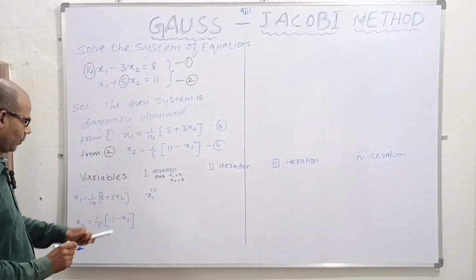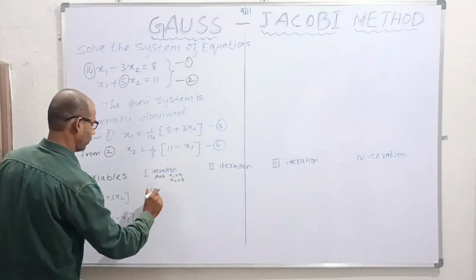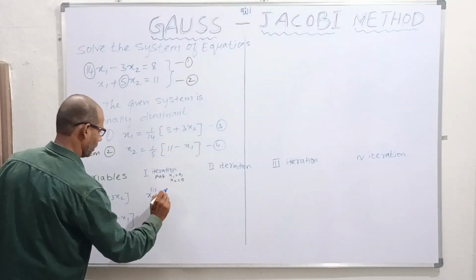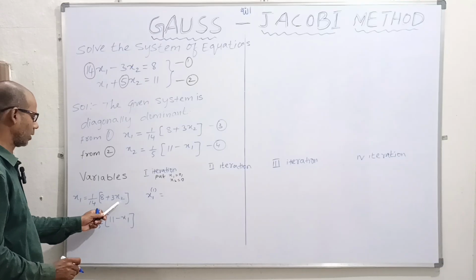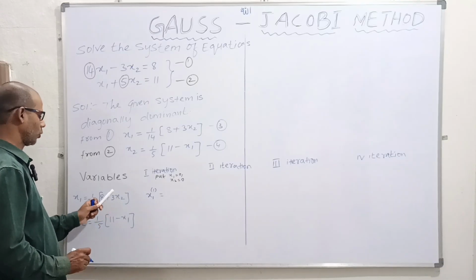For the first iteration, we put x2 equal to 0.